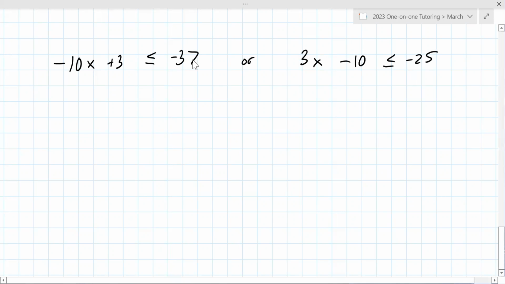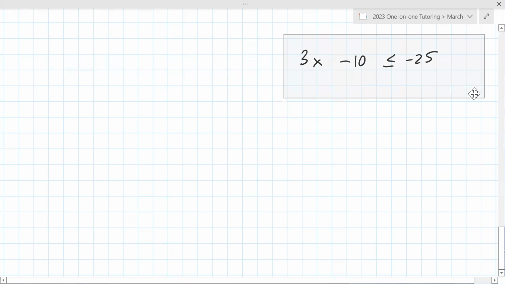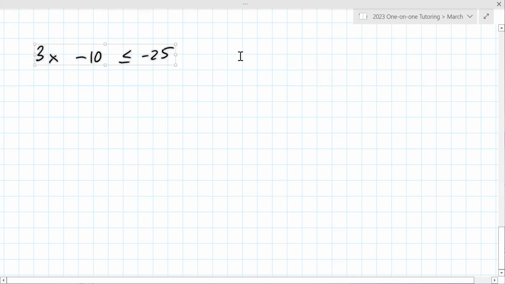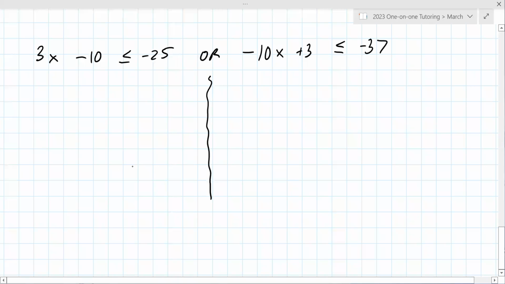And actually, let me flip the order here because I don't want to introduce too many differences here. All right. So I want you to solve the one on the left for me and tell me what you come up with, please.